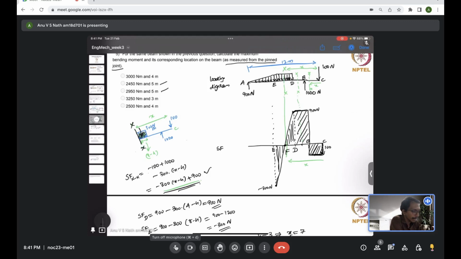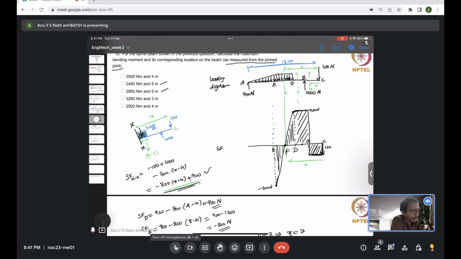So now I consider a section passing through the point F, which is somewhere in between E and D. I can actually write the general expression for the bending moment at any location between E and D, considering it is at an x distance away from the point C.